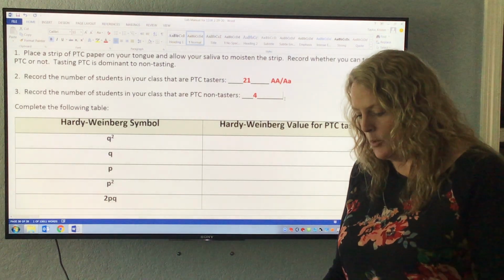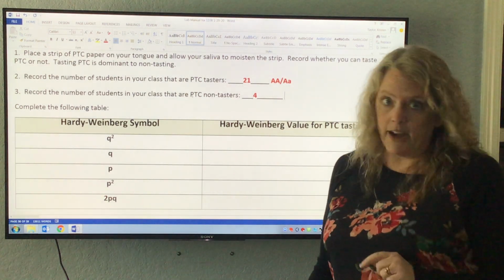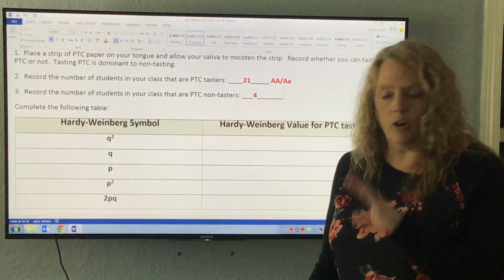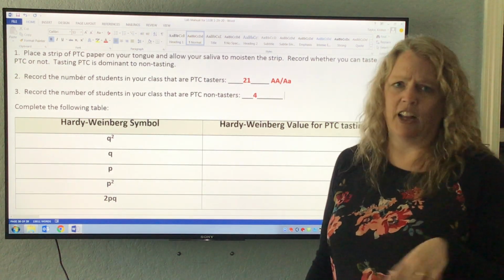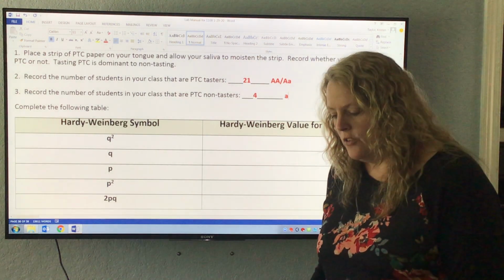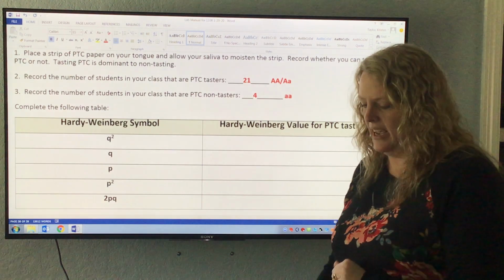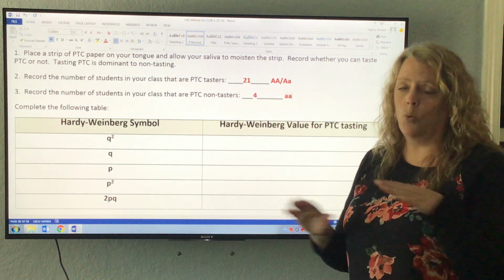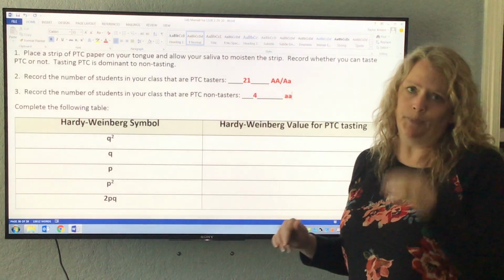Now these 4 people were blessed not to be tasters. So they could eat bitter food all day long and say, oh, this is so good, and you'd say, oh my God, that stuff is so gross. In order for you not to be able to taste it, you have to be homozygous recessive. That's the only way to be a non-taster.